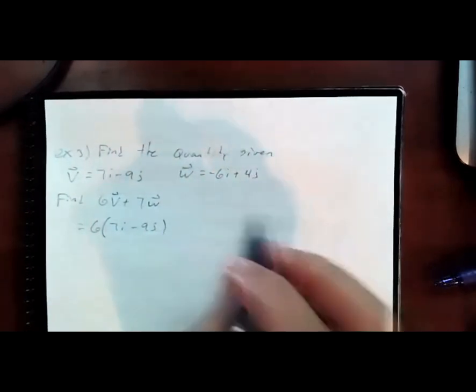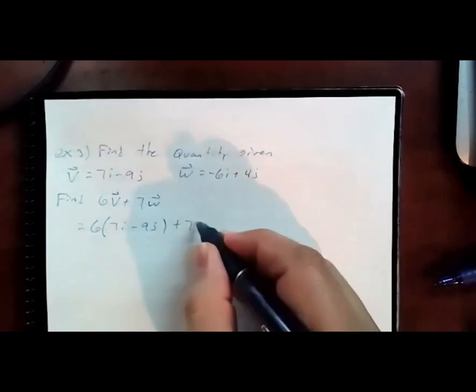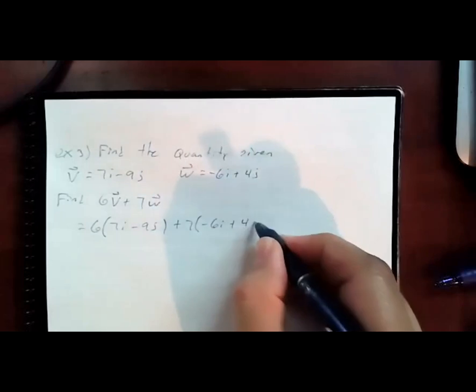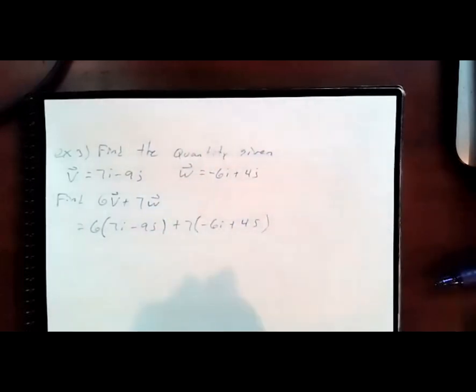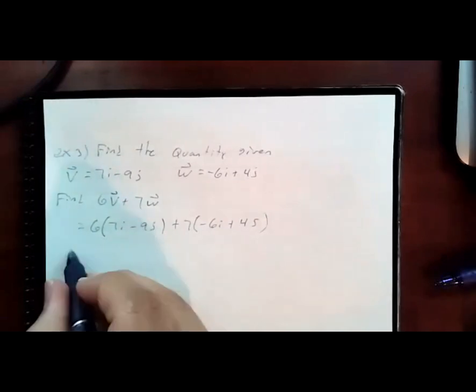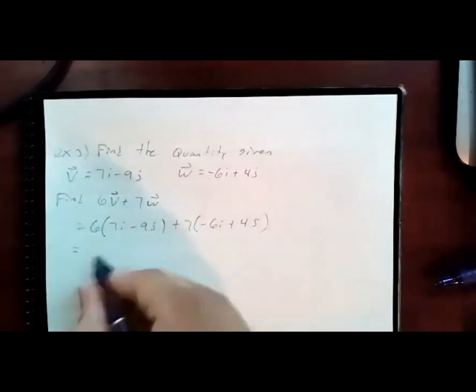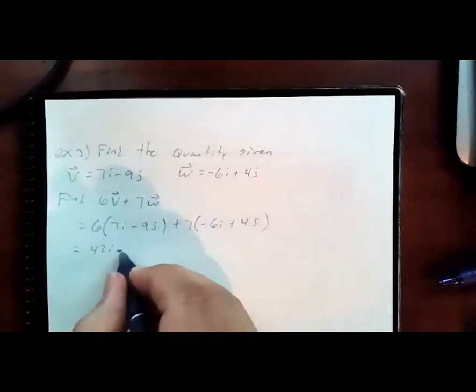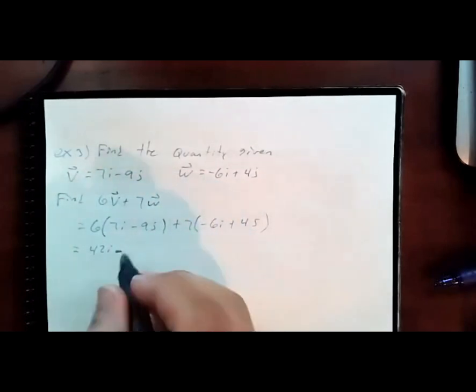Don't let them bother you. Just act like it's the same thing, because it is. So 6 times these two. 6 times 7 is 42, right? 6 times 9 is 54.